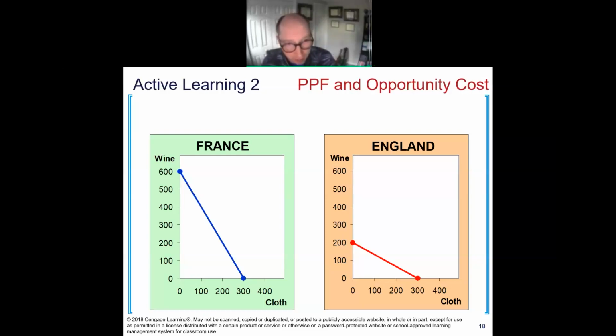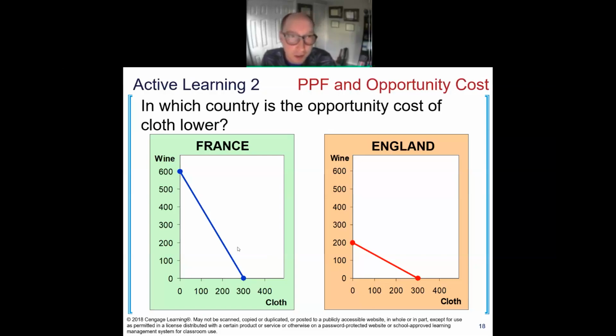France can make 600 bottles of wine and 0 clothing, or they can make 0 bottles of wine and 300 articles of clothing. Whereas in England, they can make 200 bottles of wine and 0 clothing, or they can make 0 bottles of wine and 300 clothing. These are the maximum efficiency lines, the maximum capacity lines, the slopes, yeah?